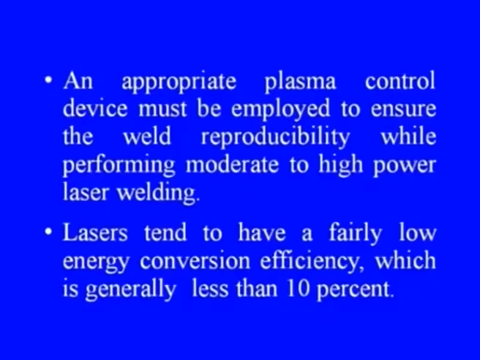Laser as such does not work very well with this type of material. An appropriate plasma control device must be employed to ensure weld reproducibility while performing moderate to high power laser welding.